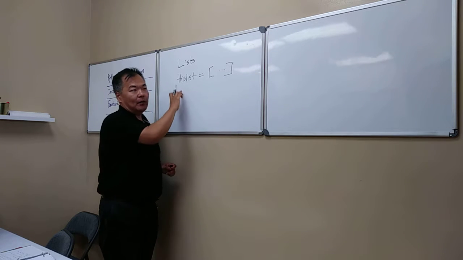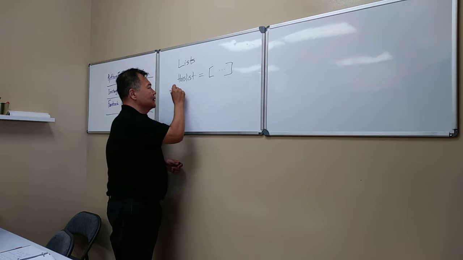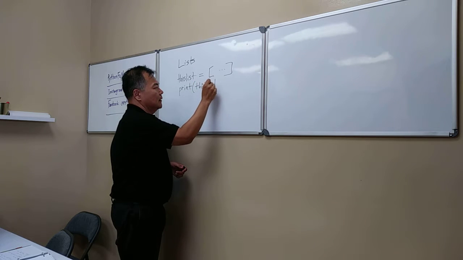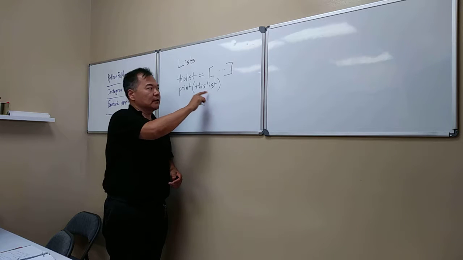Now we created a list, but how do we see what's inside the list? We need to use a print command, and in the print command we refer to the name of the list, thislist.